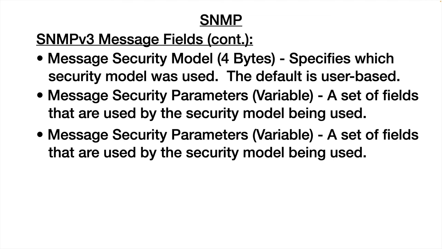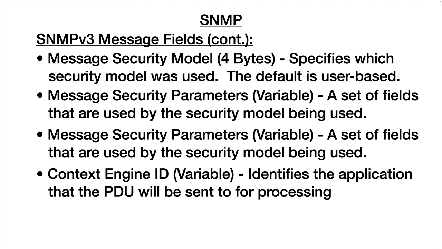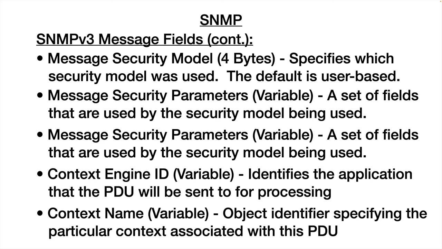Context engine ID identifies the application that the PDU will be sent to for processing. We have a context name, which specifies what context is associated with the PDU in the message.